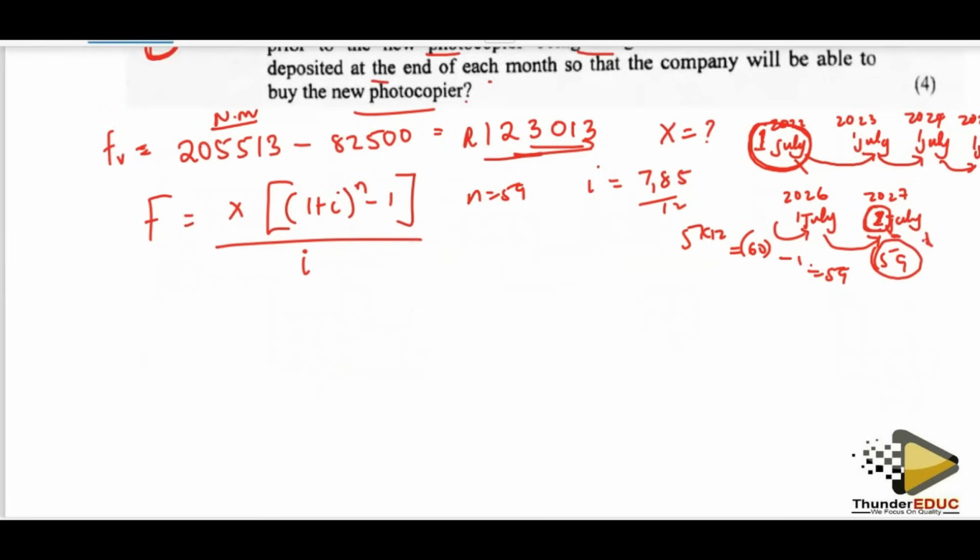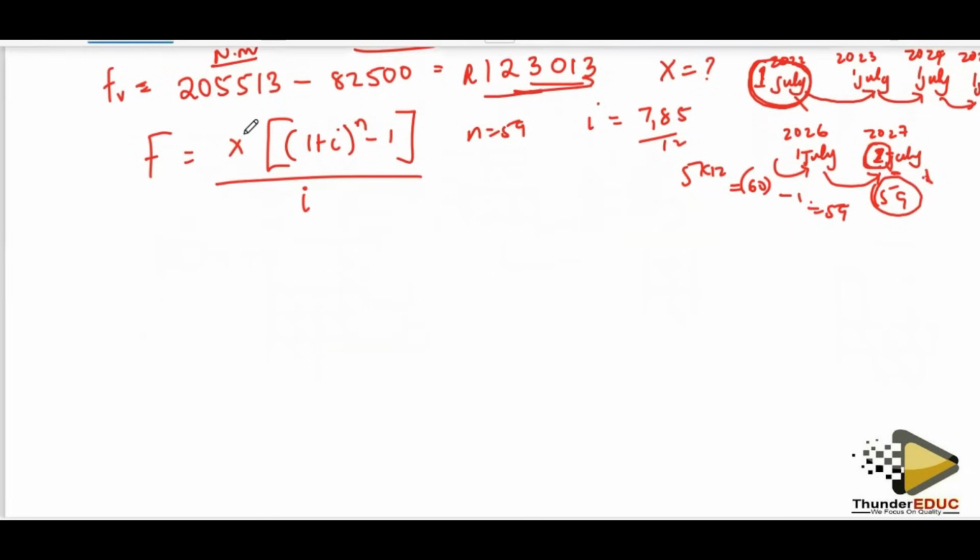So since I'm looking for X, I'm going to make X the subject first. So I'll cross multiply. So I'll have my future value times i is equal to X into this whole thing. And then I'll divide both sides by that bracket.